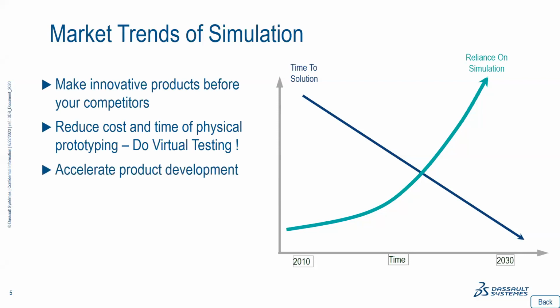If you want to accelerate product development, simulation is a very good tool, because it will reduce the time to market, and you will be able to be more competitive. This is the market trend right now. So this is really a bucket of tools which can help you to be more competitive.